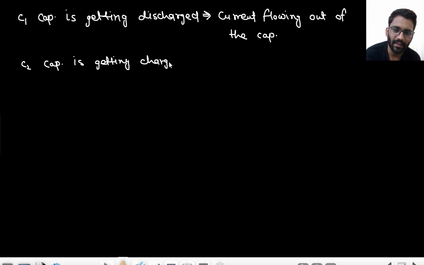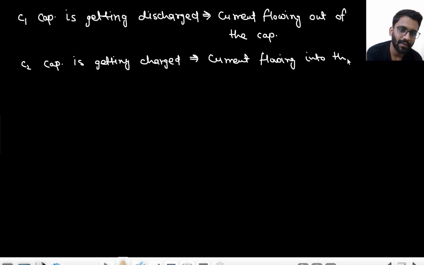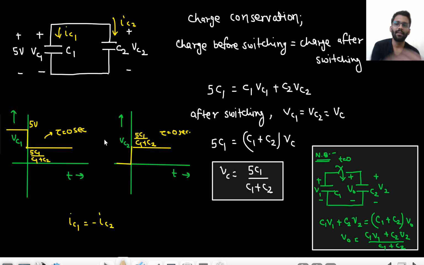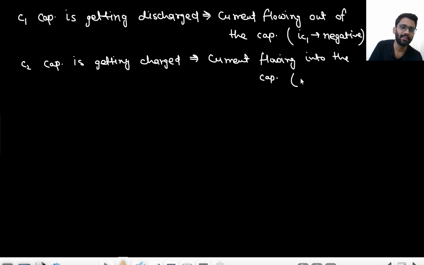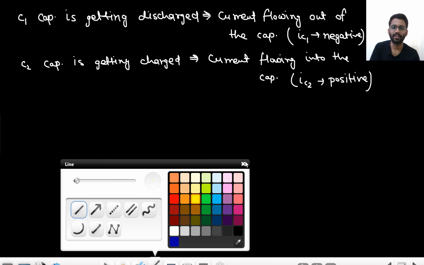That means current is flowing into the capacitor. That means here what you will see, IC1 is negative, right? Because we are showing it flowing into the capacitor, but it is actually flowing out of the capacitor. So IC1 is negative and IC2 is positive, right? Now I will just make the waveform.